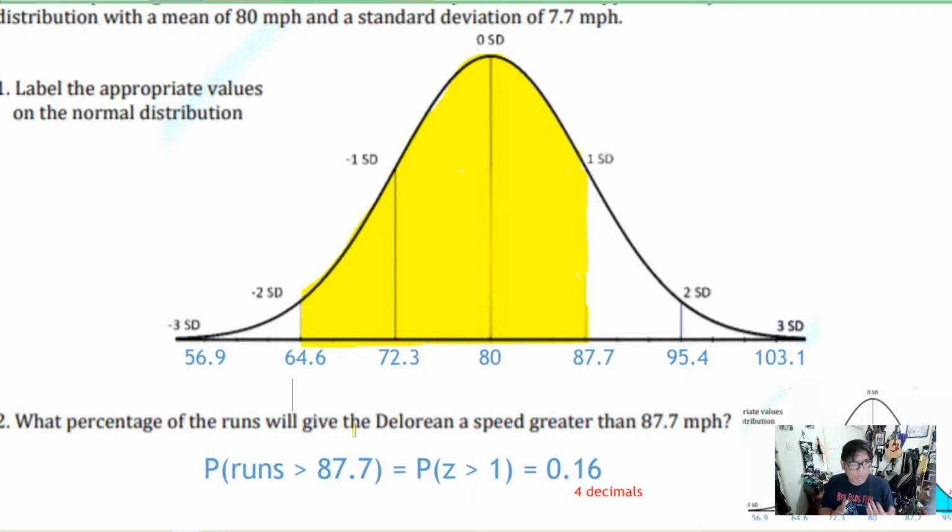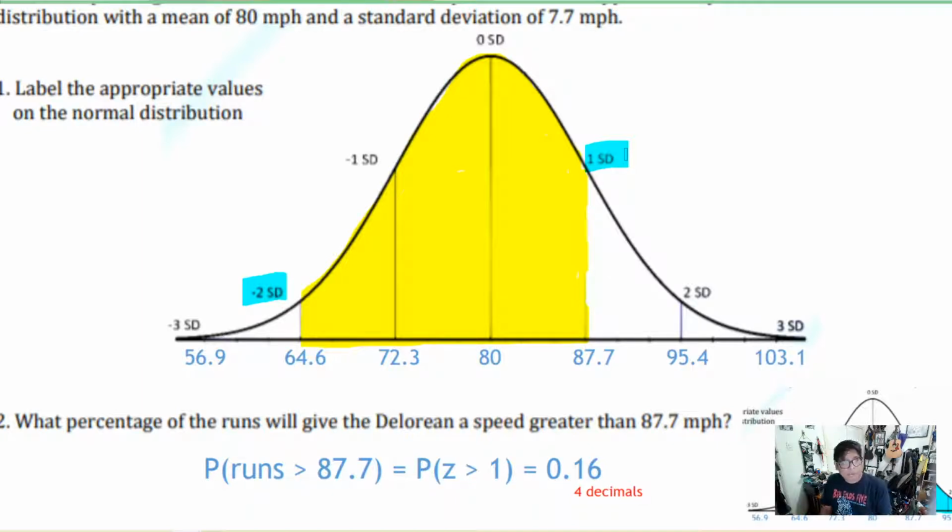So the first thing I want to observe is if I shade in the area, I notice that I'm going between a Z-score 2 standard deviations below to 1 standard deviation above. Now those aren't the same. Like if I went between -1 standard deviation and +1 standard deviation, then immediately I know that would be 68%.